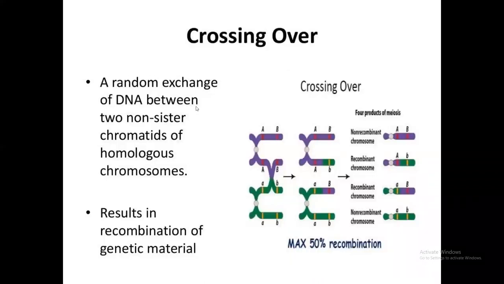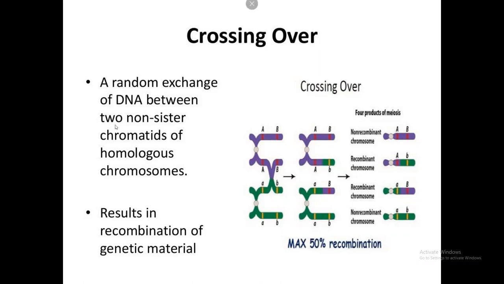Now, a random exchange of DNA between 2 non-sister chromatids. Here, a question will be asked. Crossing over is a genetic exchange between sister chromatids or non-sister chromatids? It occurs between non-sister chromatids of a homologous pair of chromosomes. Why are we calling them homologous chromosomes? We have discussed.